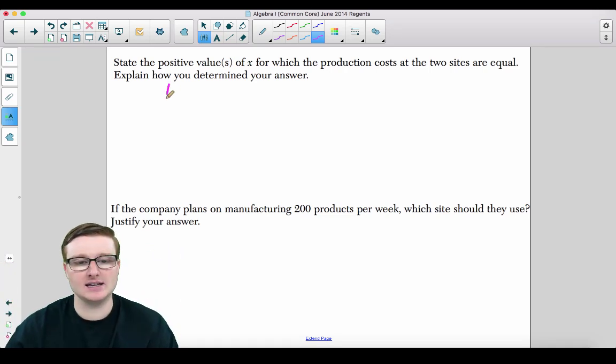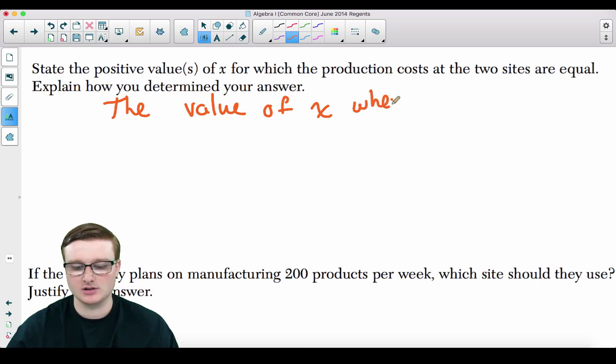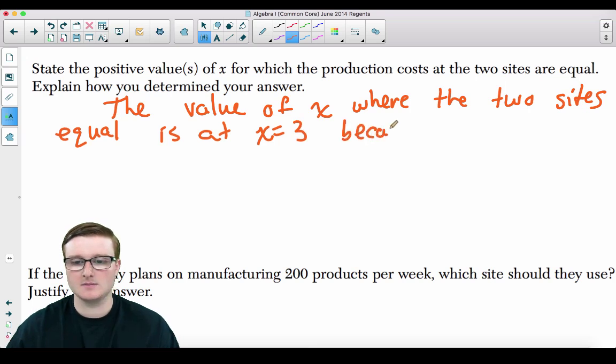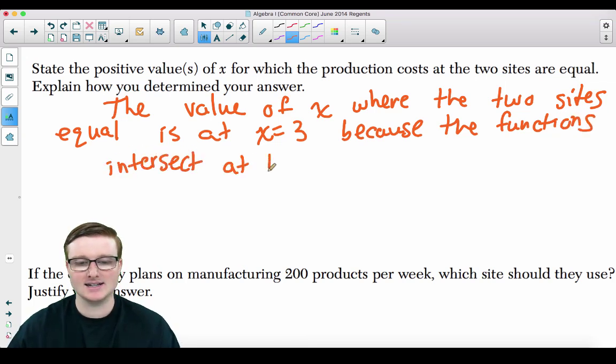So you're going to say that the value of x where the two sites are equal is at x equals 3 because the functions intersect at that x value.